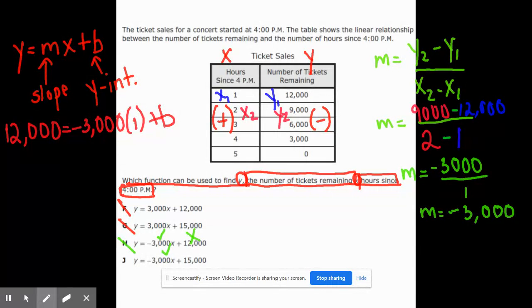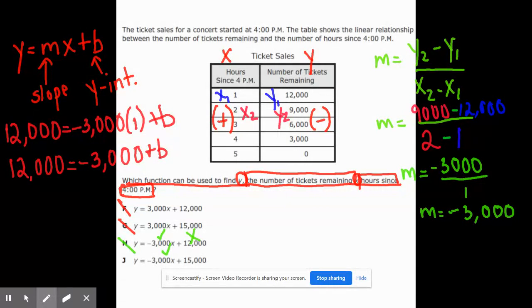So b should be the only variable remaining. That is what we're looking for. So I have substituted. Now I'm going to simplify. 12,000 equals negative 3,000 times 1, which is negative 3,000, since anything times 1 is that number, plus b.